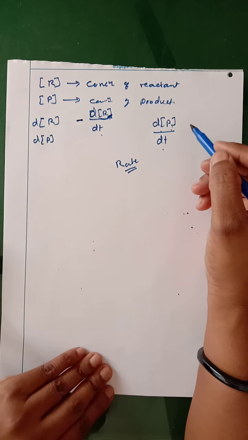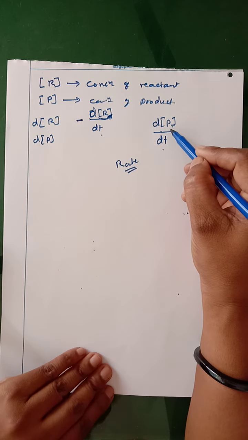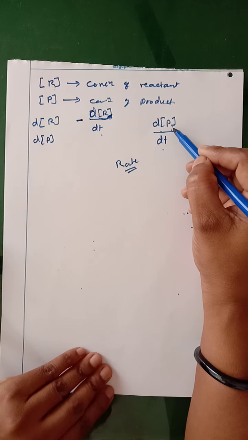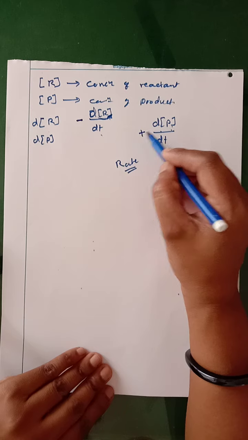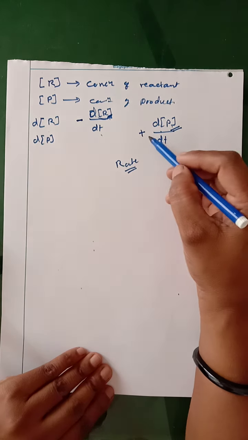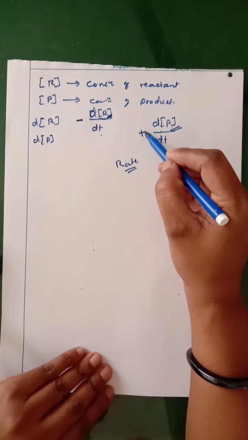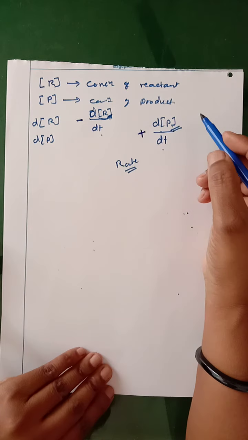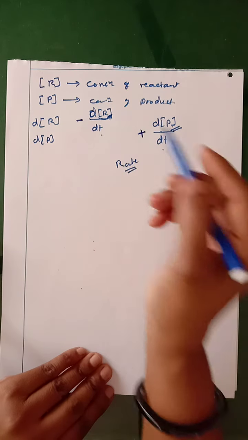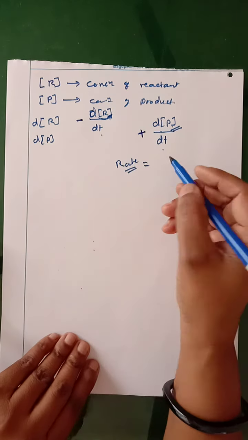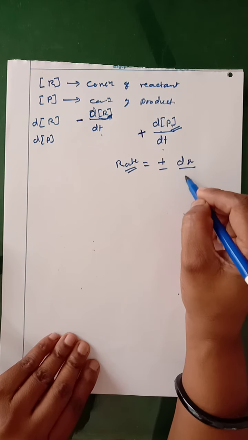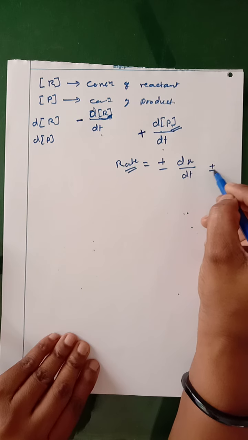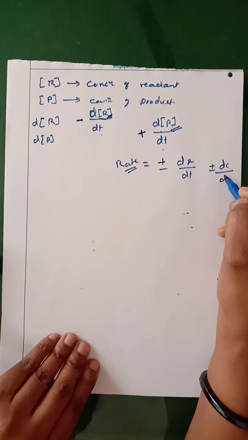Similarly, in terms of product, because of the increase in the formation of product, or the increase in the concentration of the product, the rate of reaction with respect to the product gets increased, and hence it is represented by a positive sign. So if we combine these two, the rate of a reaction is represented as plus or minus dx by dt, or plus or minus dc by dt.